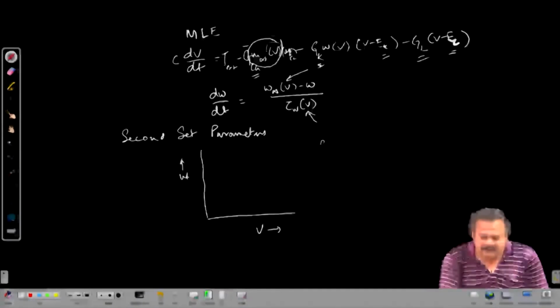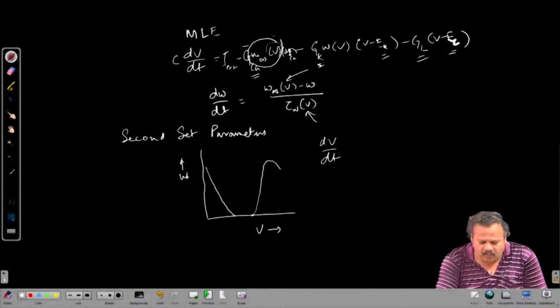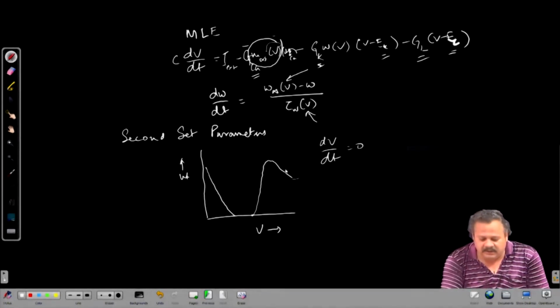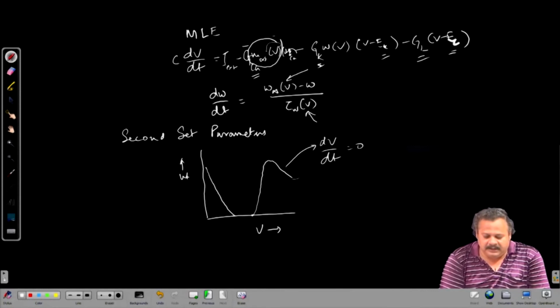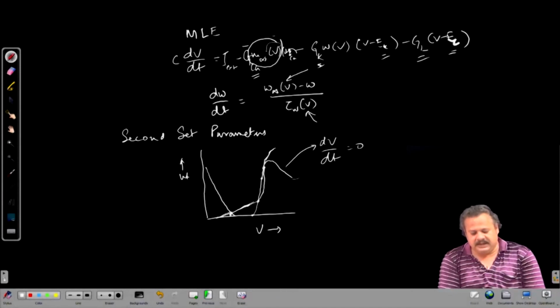The dV/dt nullcline turns out to be something like so, and the dW/dt nullcline turns out to be something like this. So there are three equilibrium points in this case.